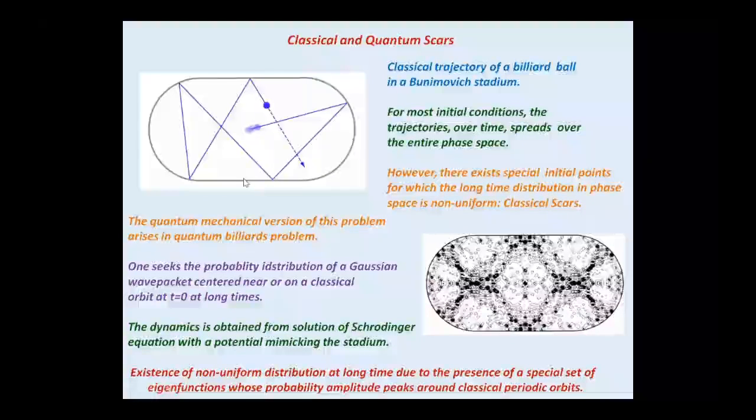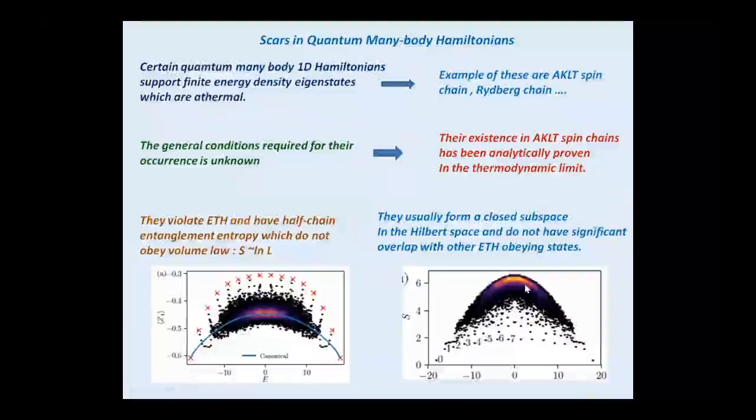That's a trivial example, but there are non-trivial examples like this. In one such non-trivial example, if you look at the trajectory after a very long time, you will see that some parts are covered a larger number of times than the others. These essentially form the scar-like patterns because of these darker spots, and they are known as classical scars.